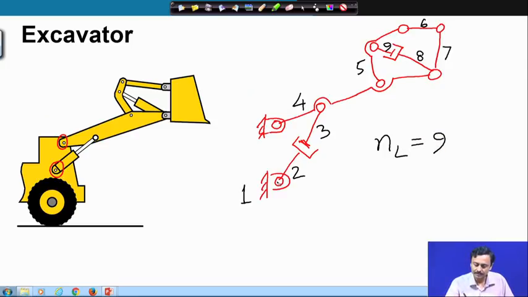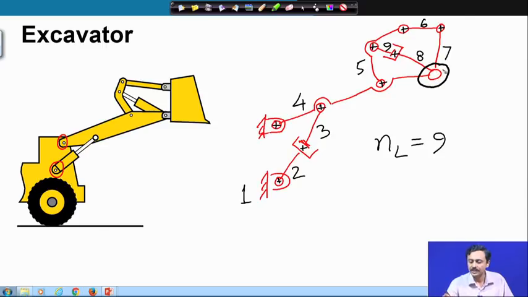number of joints 1, 2, 3, 4, 5, 6, 7, 8. This prismatic is 9, and here again you see there are 3 links connected by one hinge.